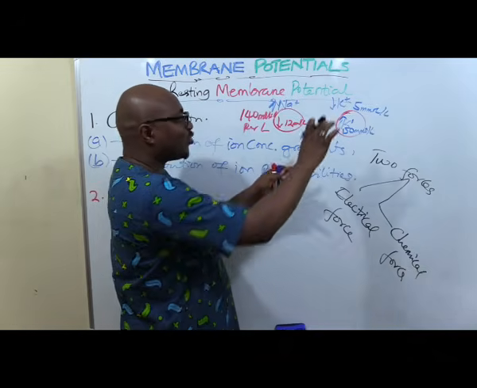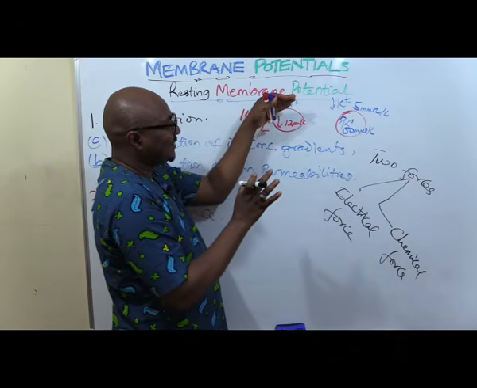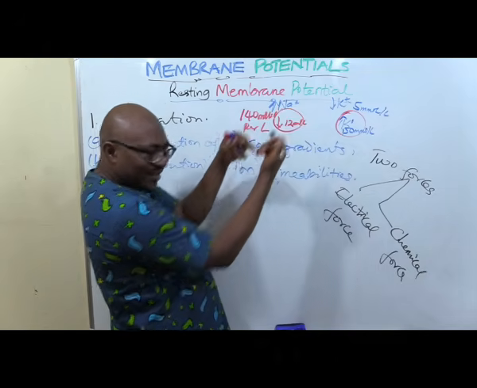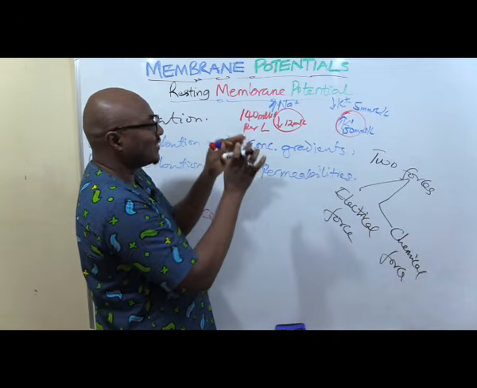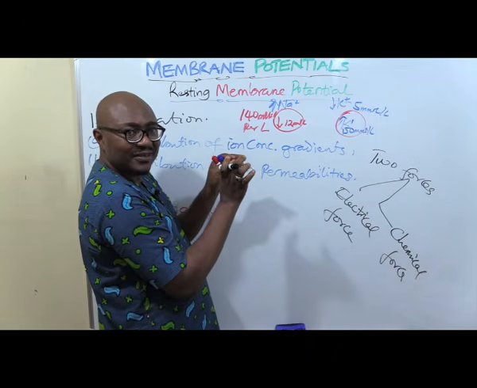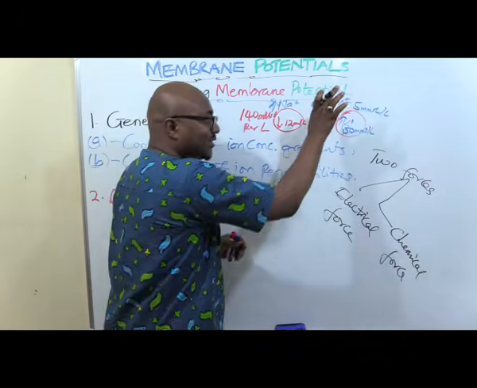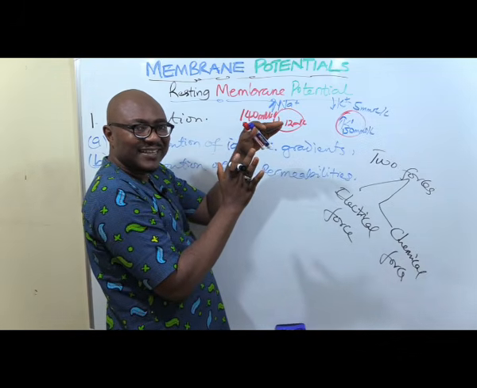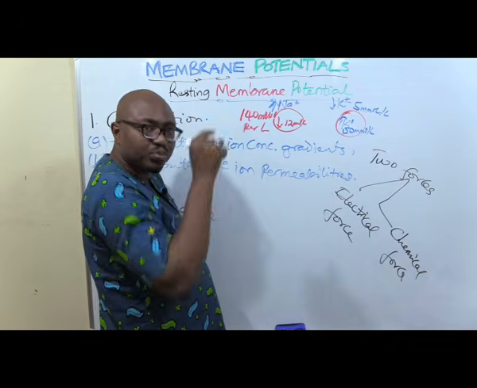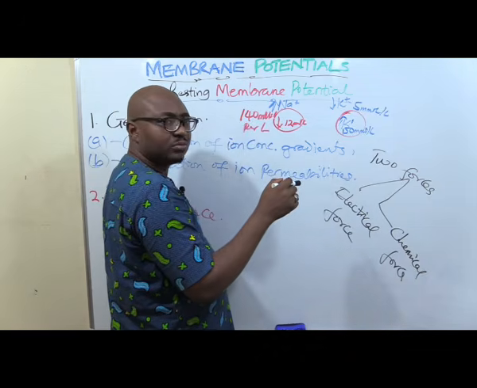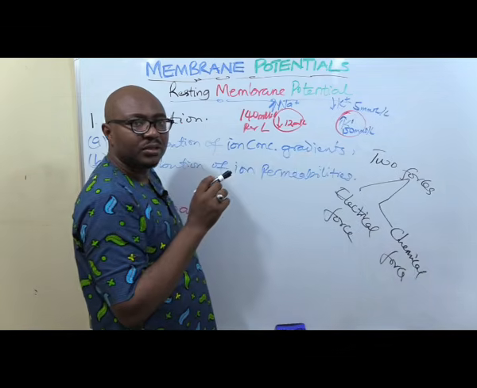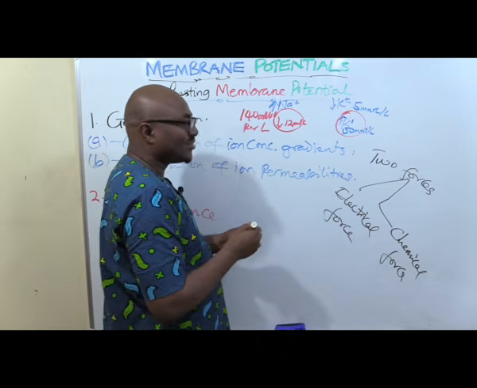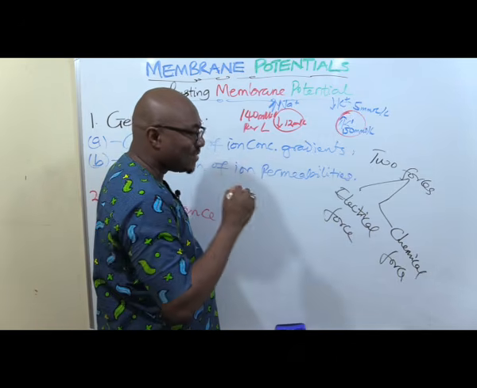It gets to a point where the electrical force trying to resist and repel it back inside, and the concentration gradient force trying to push it outside, become equal. That is called the equilibrium potential for potassium, and that happens at about minus 90 millivolts.